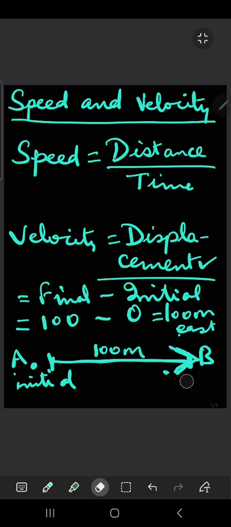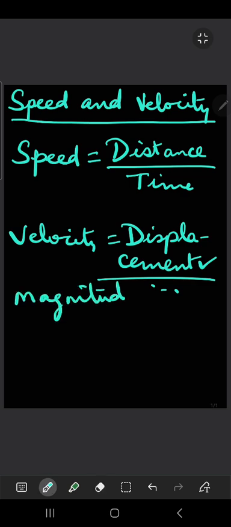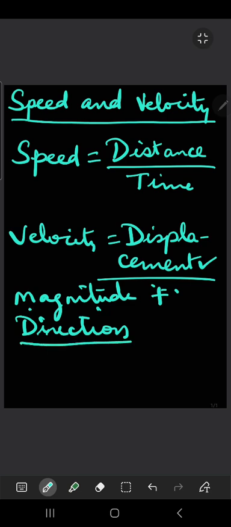So what it means is that velocity has magnitude as well as direction, and if a quantity has magnitude and direction, that is known as a vector quantity.